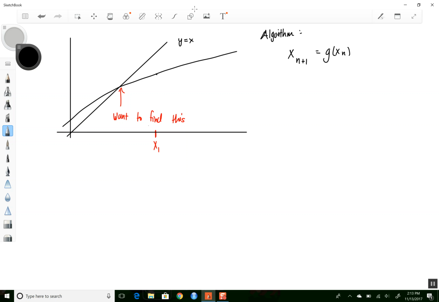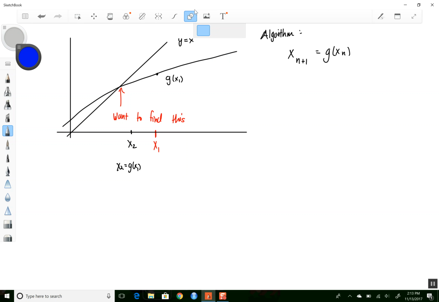So if we start at x1, this location right here is g of x1. All we're going to do is plug in g of x1: x2 is equal to g of x1. That's all it is. And we can kind of illustrate this.